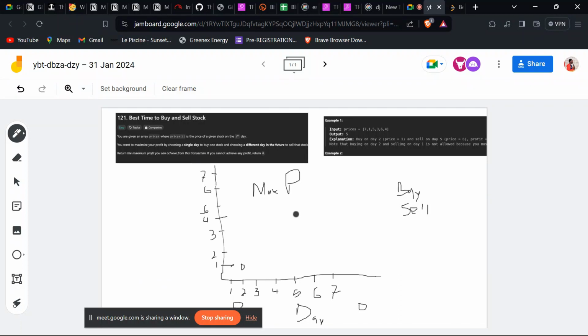You can see there. You can count 7. It represents day 1 as 7, day 2 as 1, day 3 as 5, and so on, so the price is equal to 1. So we buy on that day and then sell on day 5. So 1, 2, 3, 4, 5. Day 5 we have 6.